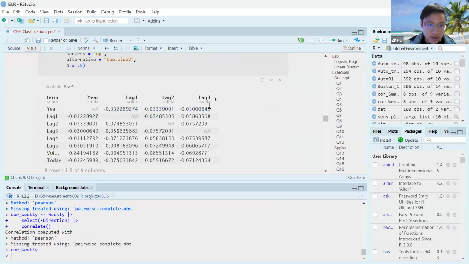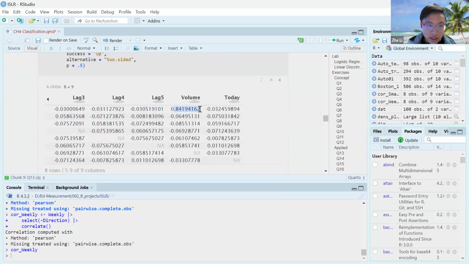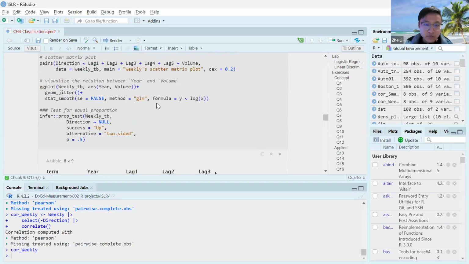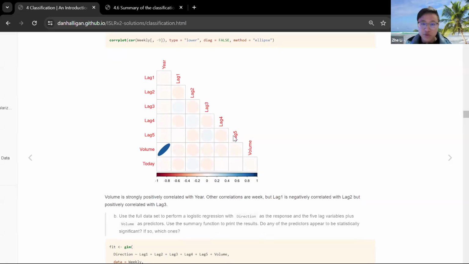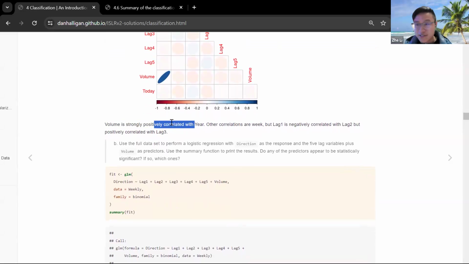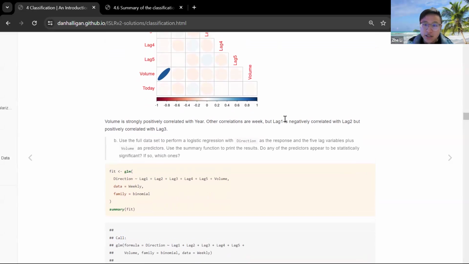Yeah, so we can see that there's a high correlation between the volume and the year. As the year goes from 1990 to 2010, the volume increases, and there's not much correlation between other predictors. So the volume is strongly positively correlated with the year, but other correlations are weak.